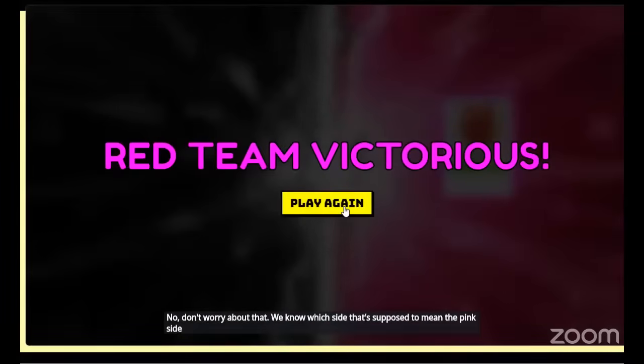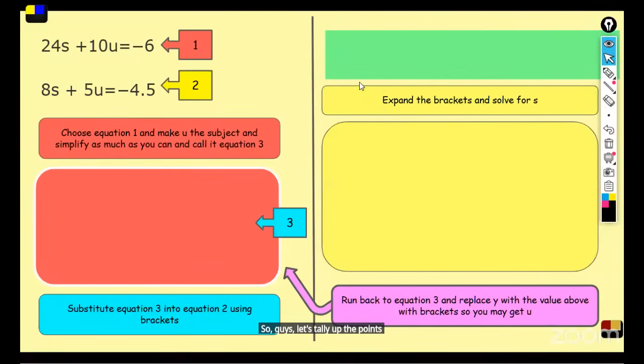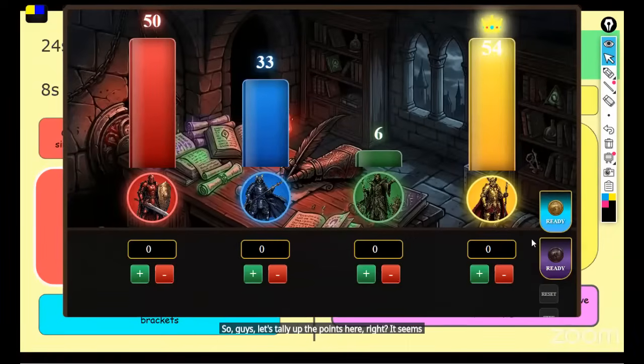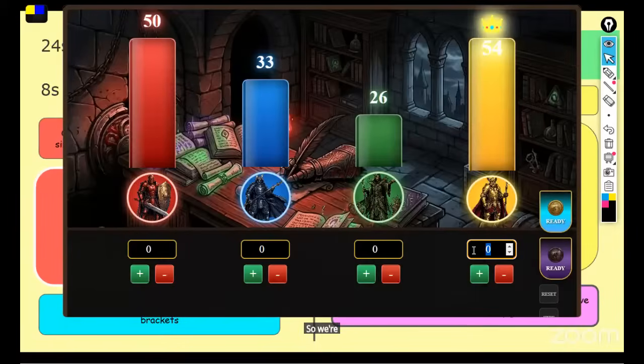All right? So, guys, let's tally up the points here, right? It seems that the green and yellow teams got 20 points each today because Corn Girls was representing that. So, green team, I know it's a rare event when we get points. So, we're on 26 green team. And yellow team, you get another 20 points today.